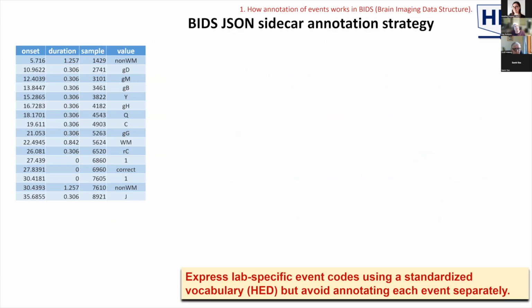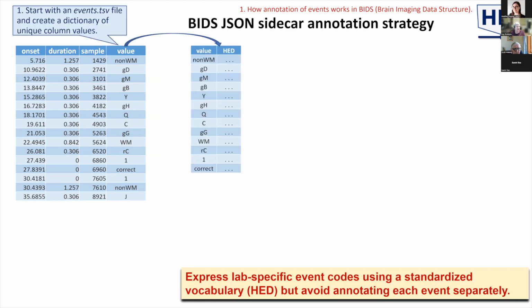So here's how the JSON sidecar annotation strategy goes in BIDS. I'm going to start on the left with the Sternberg working memory excerpt event file. And instead of trying to annotate each individual event in here, which will be thousands of annotations, I create a dictionary of the unique values in the column.